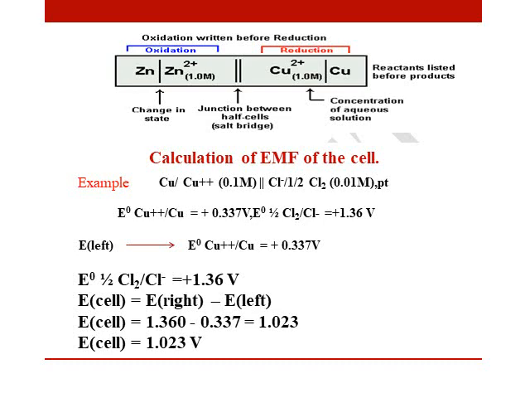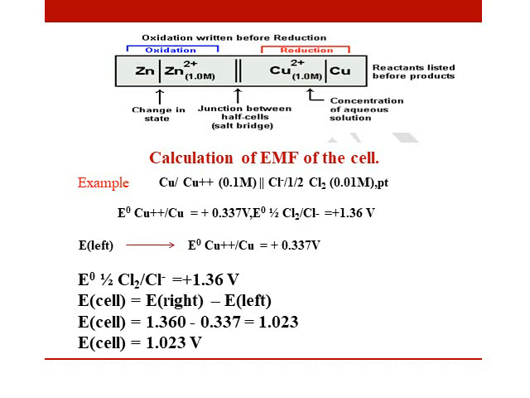How to calculate the EMF? For example, copper in contact with 0.1 molar copper 2 plus, and Cl minus in contact with half a mole of chlorine, 0.01 molar, in contact with platinum. E left is E naught of copper 2 plus by copper, that is 0.337 volt, and E naught of half Cl2 in contact with Cl minus is plus 1.36 volt.